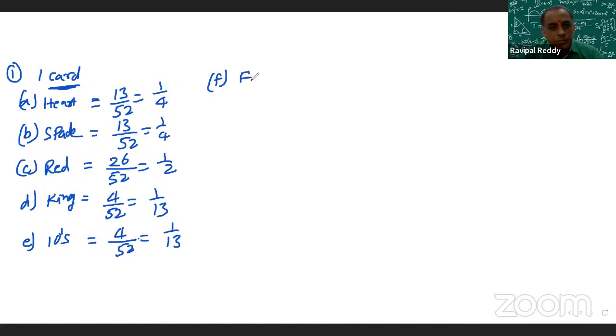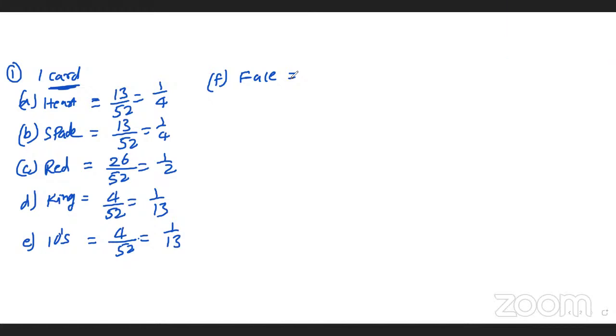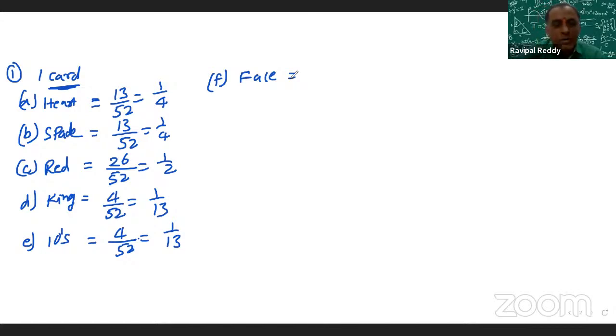Face card. The taken card is a face card. What is the probability? Please tell me. What is a face card?